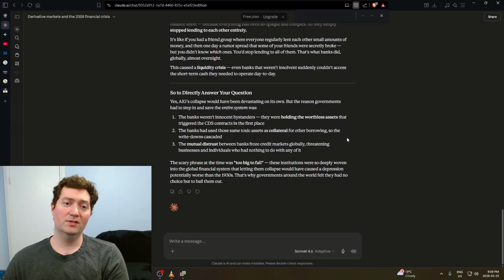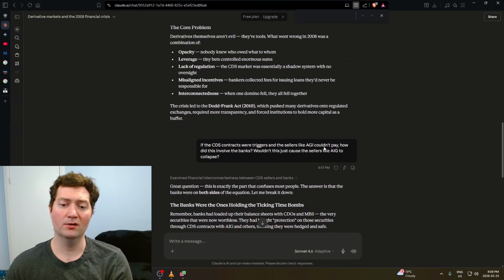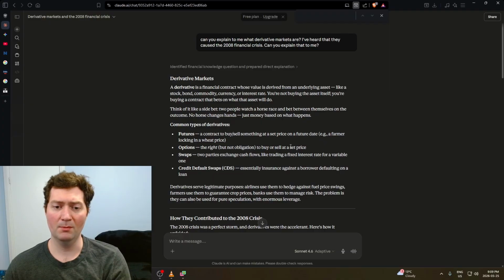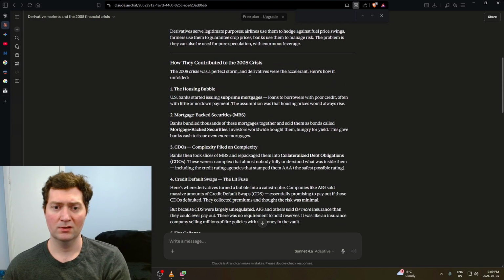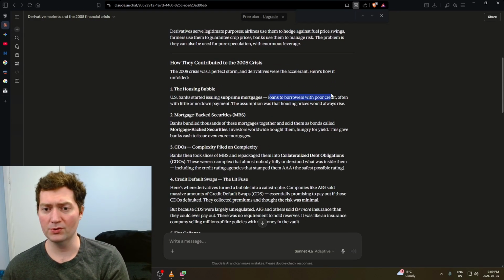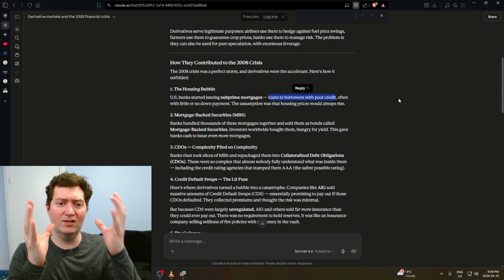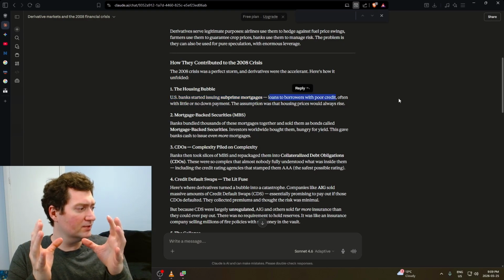So they built an entire tower on subprime mortgage loans to borrowers with poor credit. They built an entire financial structure on top of it.